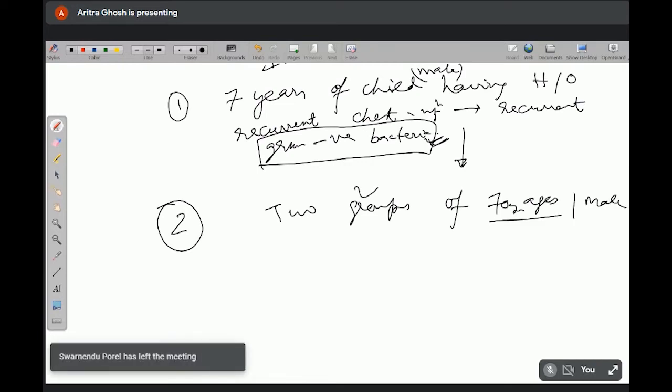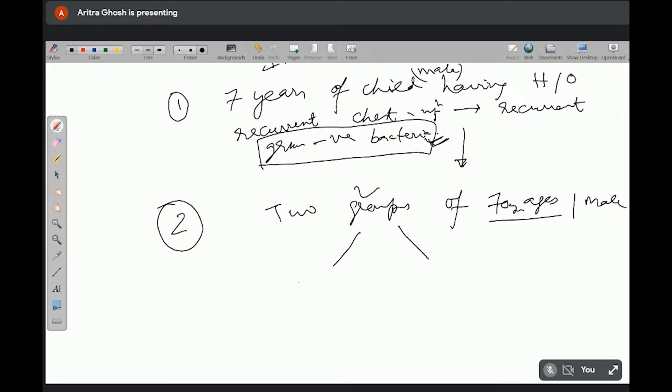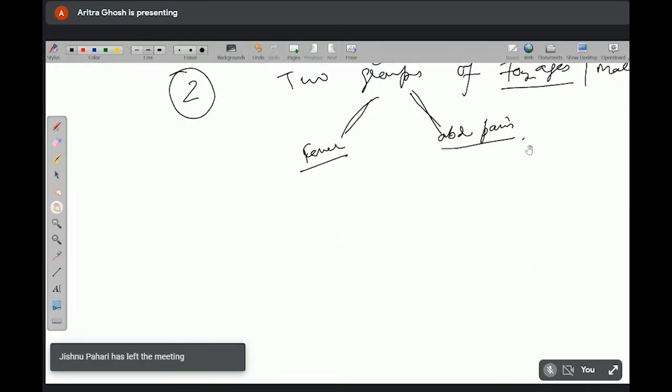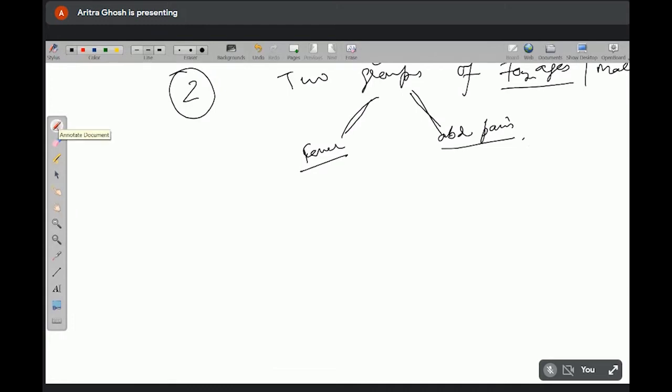Now the body will try to recognize first the entry of any microbes, that may be bacteria, virus, fungus, or parasite. I have drawn a bacterium here, flagella is there. When we are taking food, some is there. So our body has some defense mechanism.